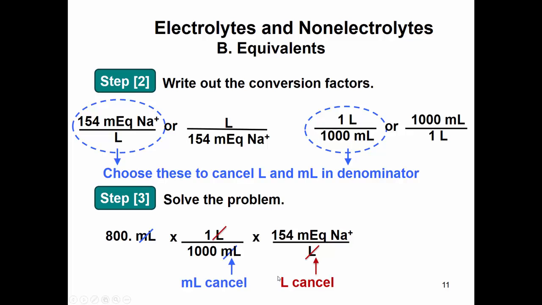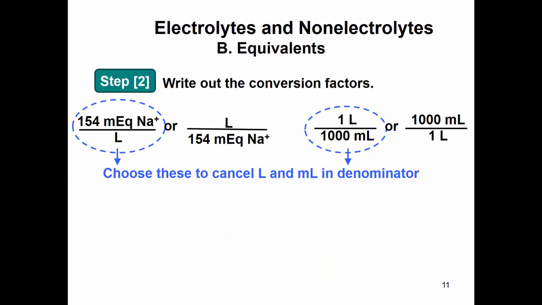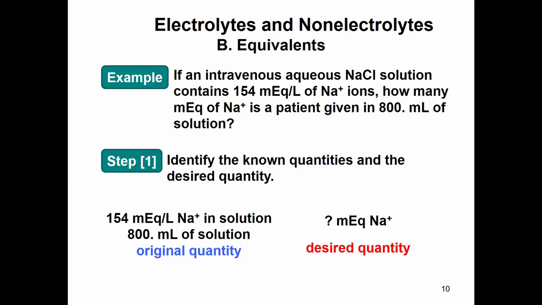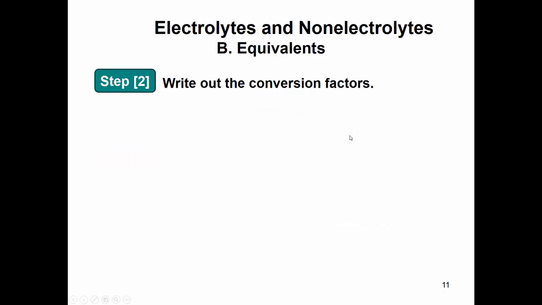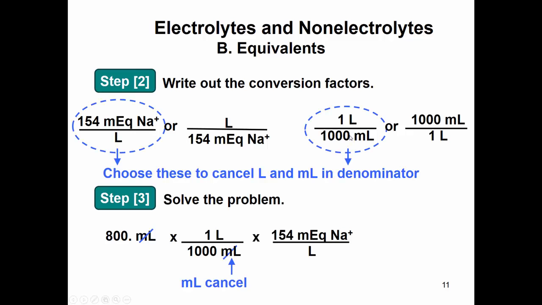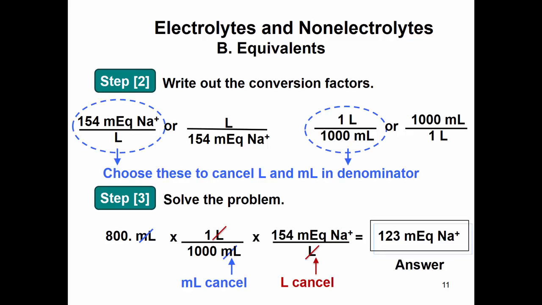Milliliters cancel, liters cancel, and I'm left with 123. So to answer our question, this patient is given 800 milliliters, so they are receiving 123 milliequivalents of sodium ion.